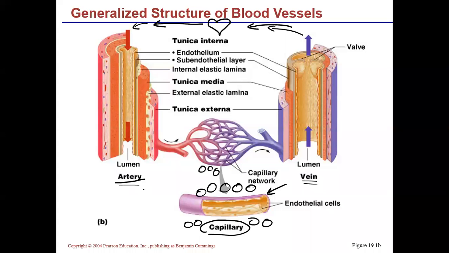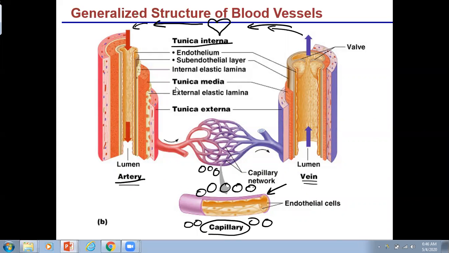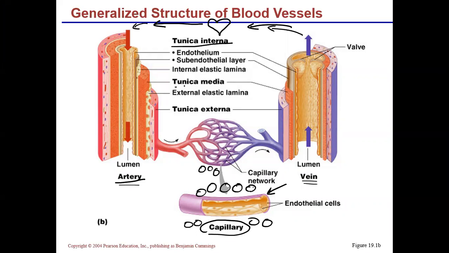Both veins and arteries have tunica interna or intima, tunica media, and tunica externa. As you can see, they have these features similar in veins. But what is different is mostly the tunica media, which differs between arteries and veins. So we'll get to that.